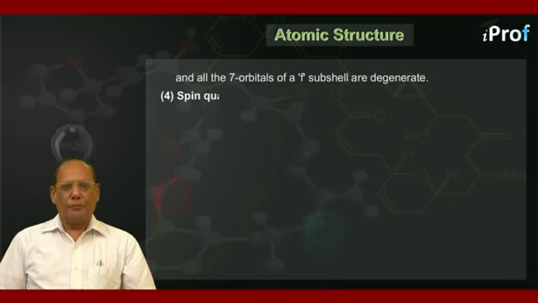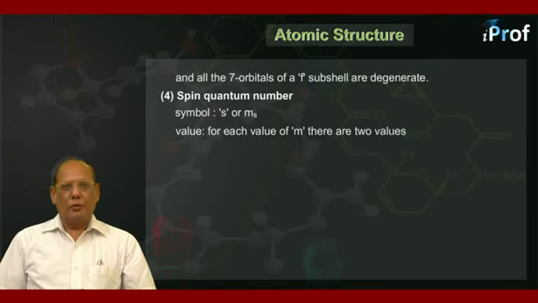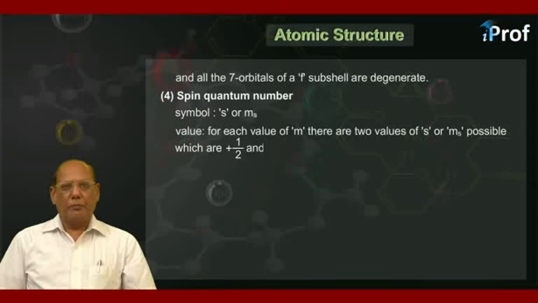Last, number 4, spin quantum number. Symbol s or ms. Value: for each value of m, there are two values of s or ms possible, which are +1/2 and -1/2.